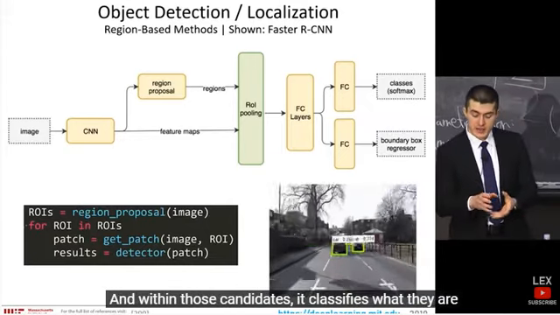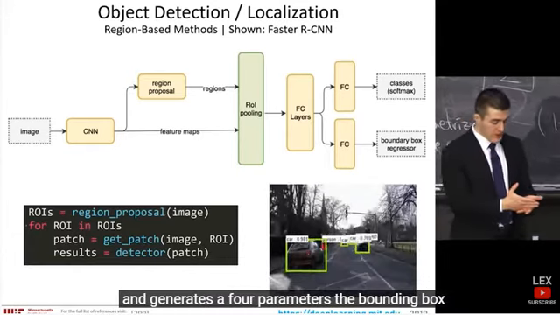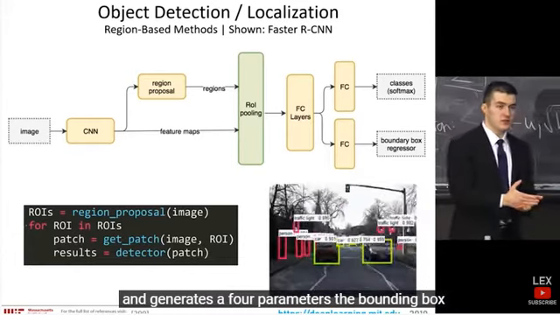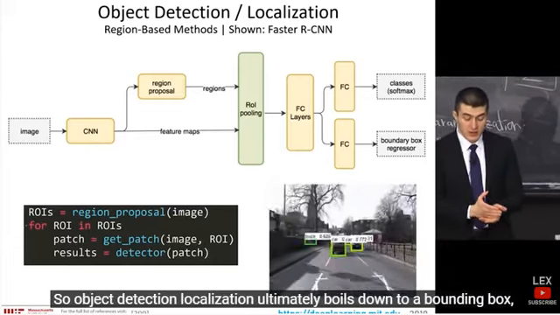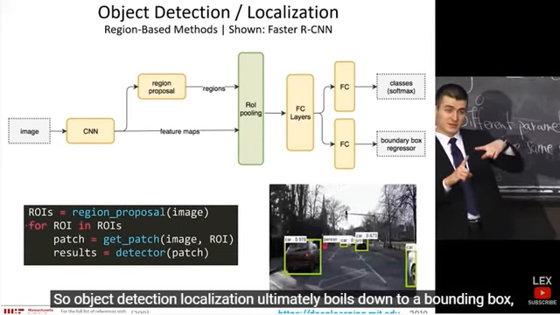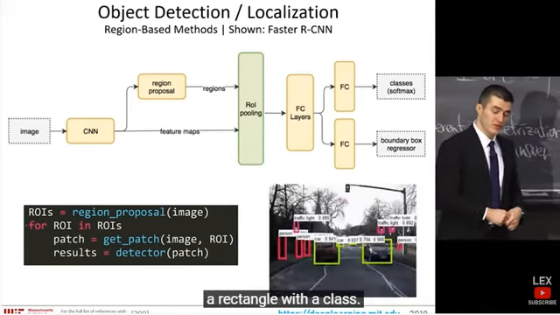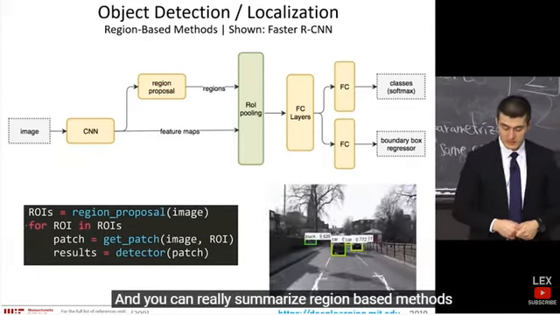Within those candidates, it classifies what they are and generates 4 parameters, the bounding box that captures that thing. So object detection localization ultimately boils down to a bounding box, a rectangle with a class that's the most likely class in that bounding box.